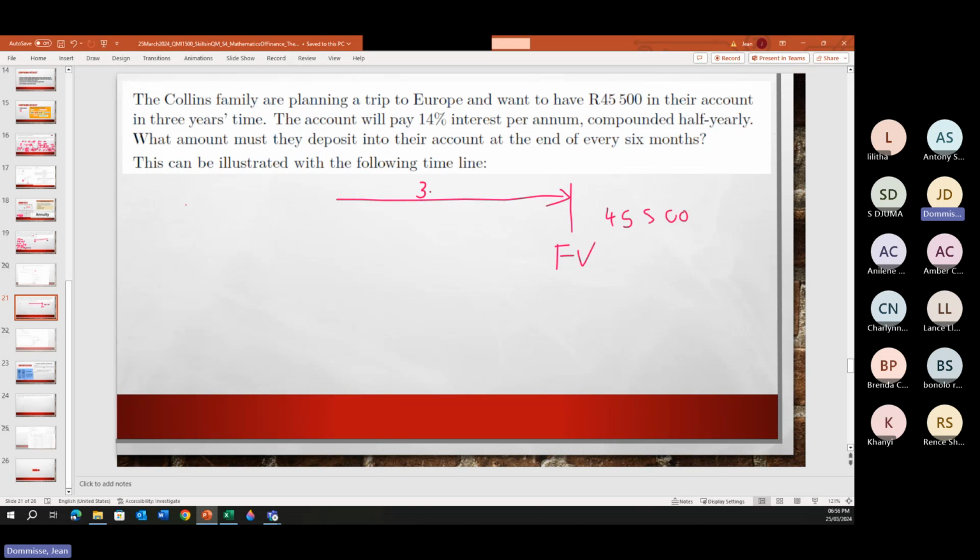The account will pay 14% interest per annum, compounded half yearly. Okay, so 14% interest. Half yearly is 2 times per year.